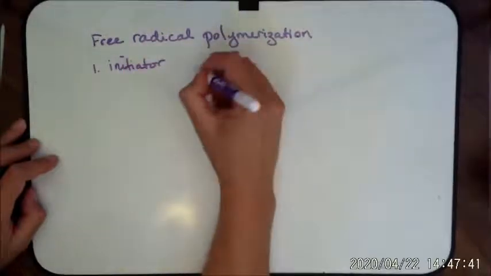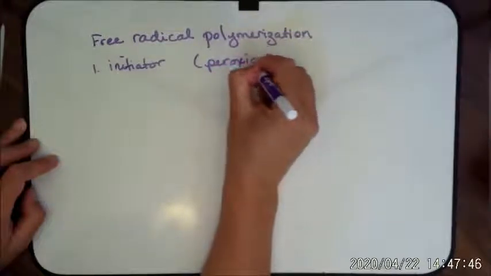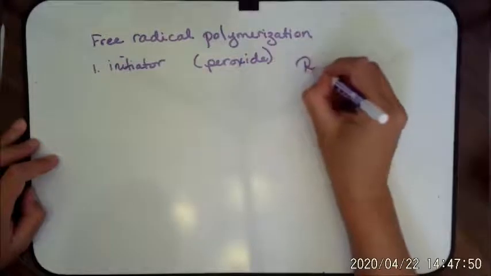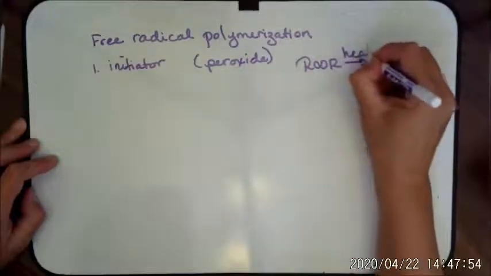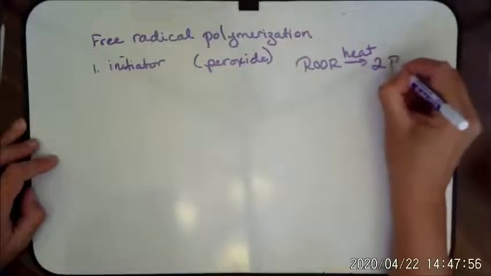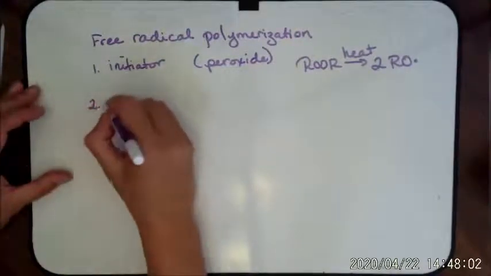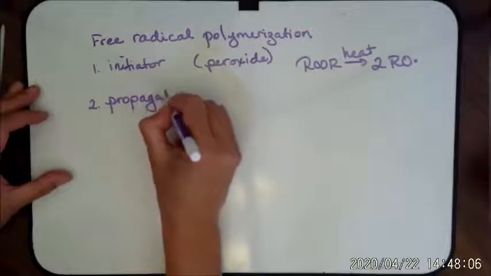Oftentimes what we use is a peroxide. Okay, so ROOR with heat gives us two radicals.